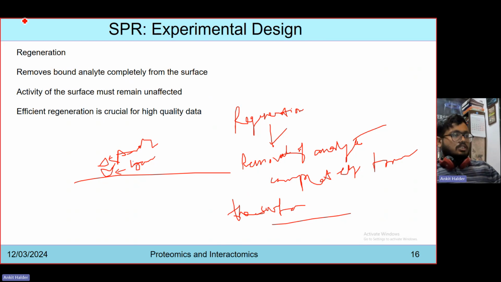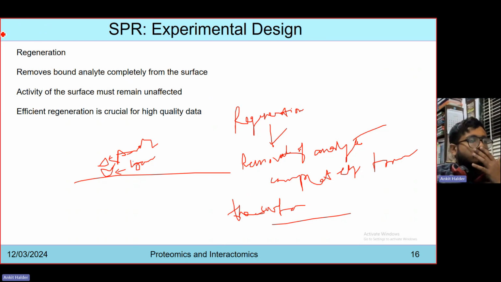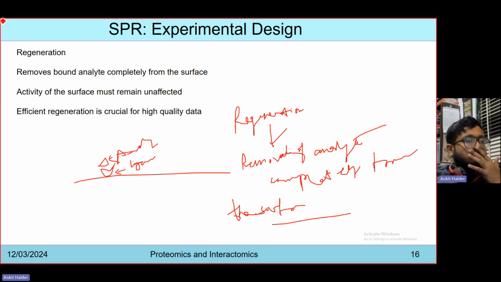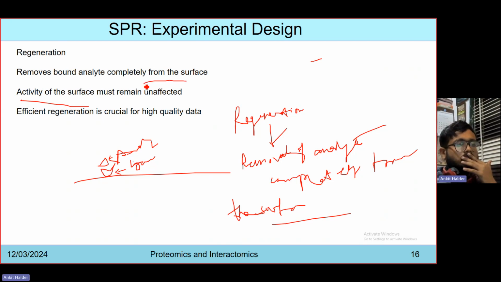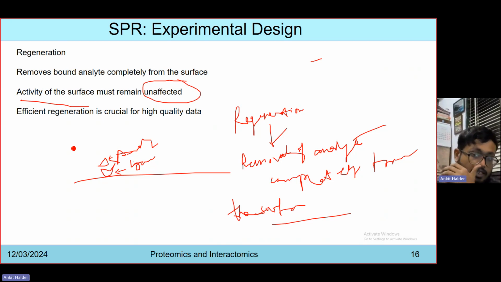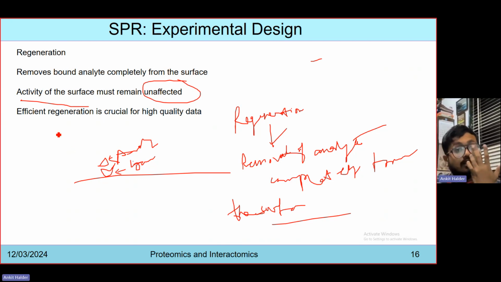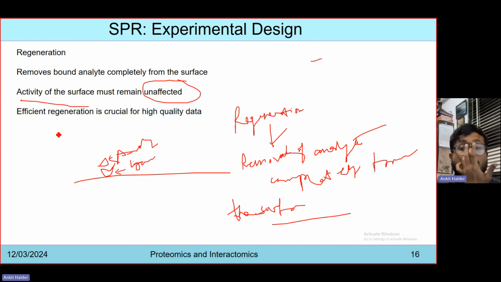So the activity of the surface should remain unaffected. The activity should not go. So this should not be so harsh that the ligand gets completely washed off, rather only the analyte is getting washed off.